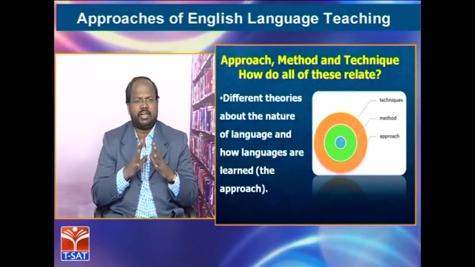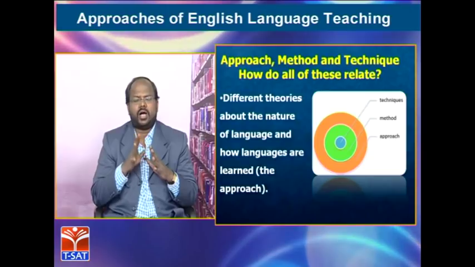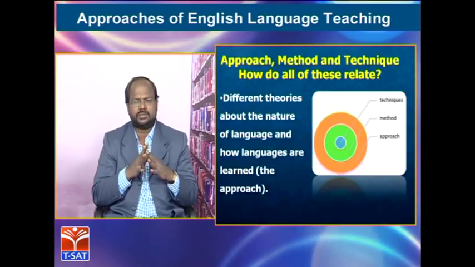Different theories about the nature of language and how languages are learnt are dealt with by the approach, right? What does approach say? Approach says about the language theories and also the nature of language. The second one, method.